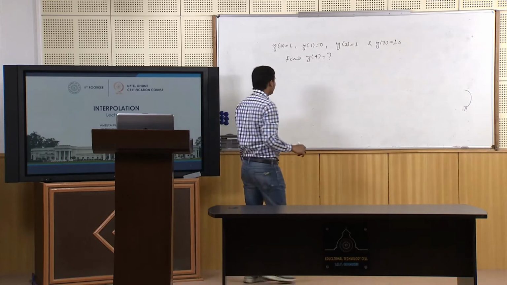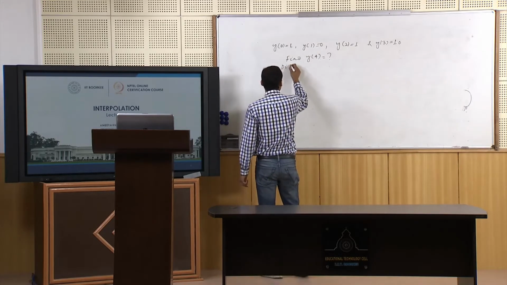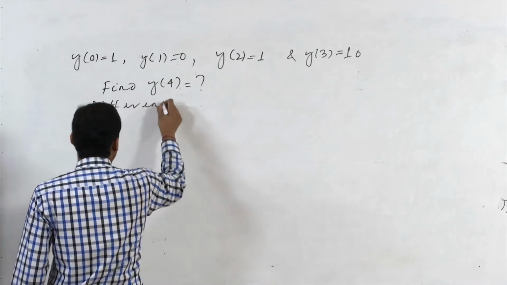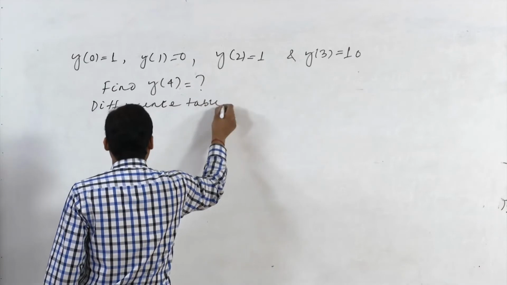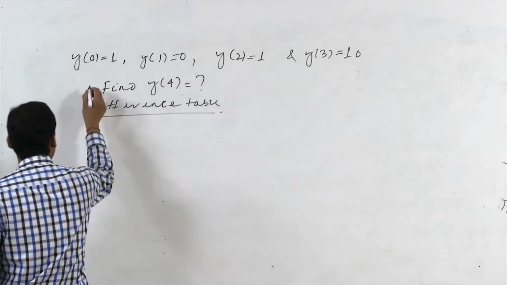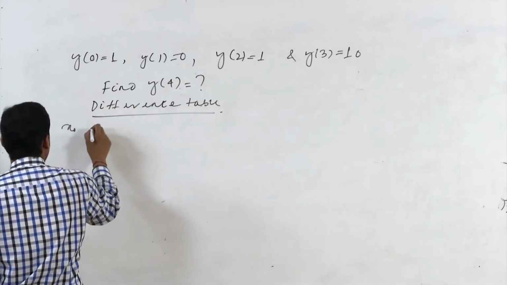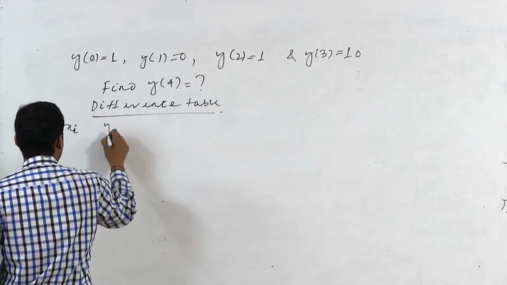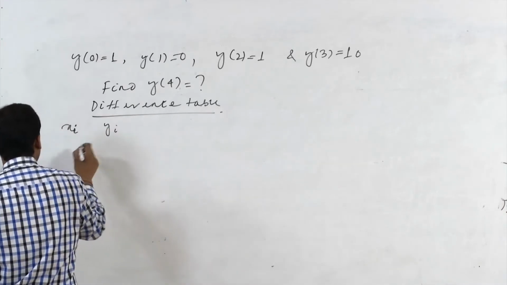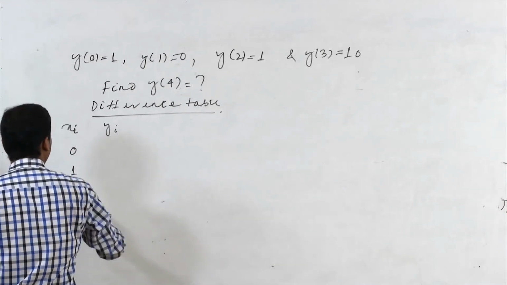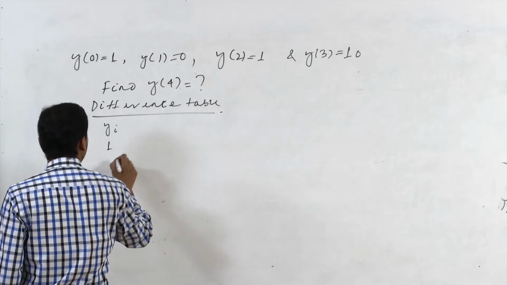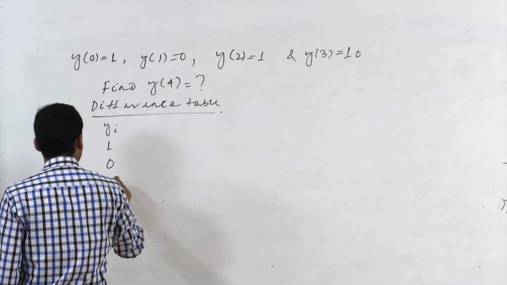If we write this difference table, it takes the form of xi data and corresponding yi data. Your x values are 0, 1, 2, 3, and yi values are 1, 0, 1 and 10.